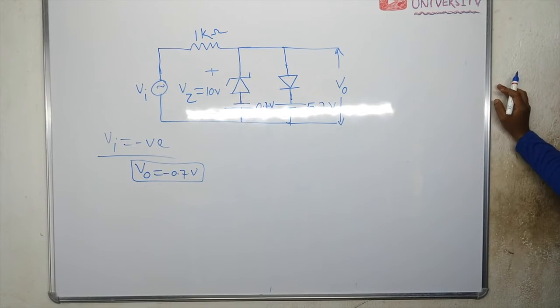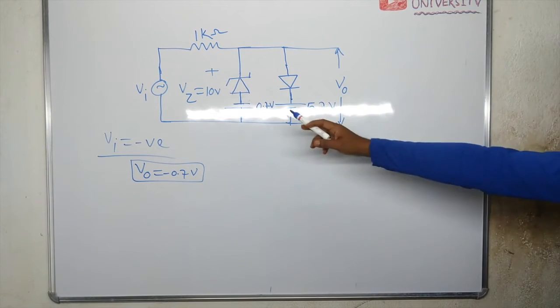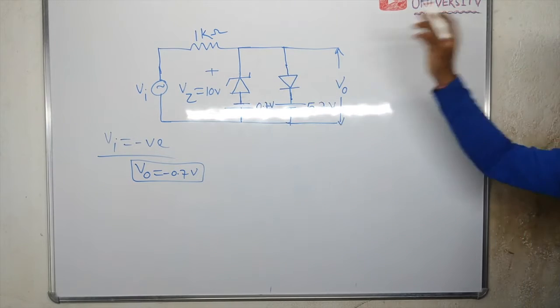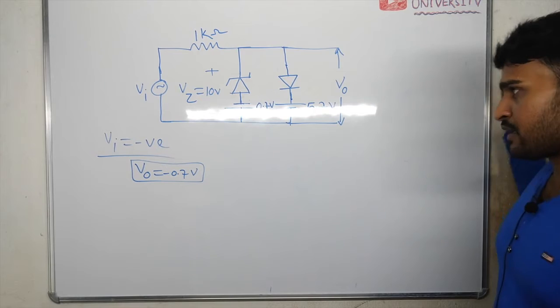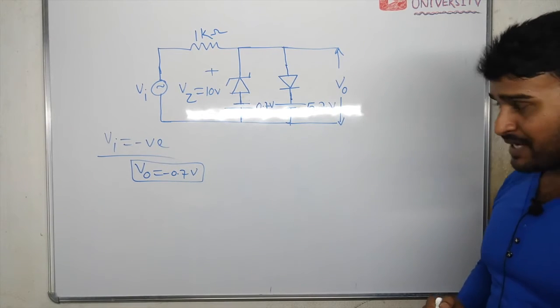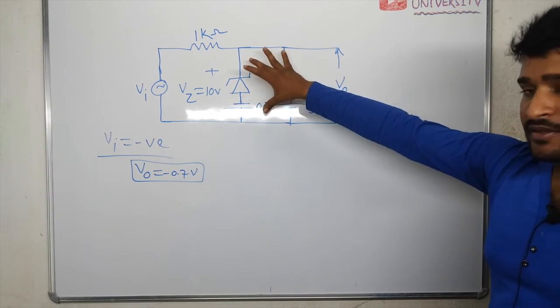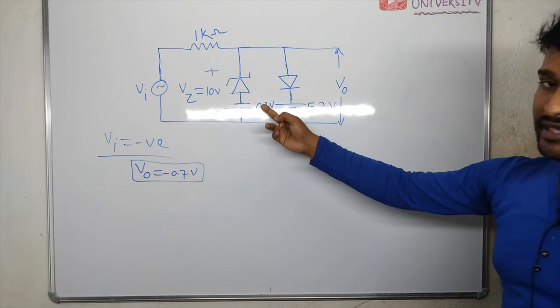Now, when VA is positive, this Zener diode will be reverse biased. And if this Zener diode is reverse biased, then we should not consider the cut-in voltage of the Zener diode.